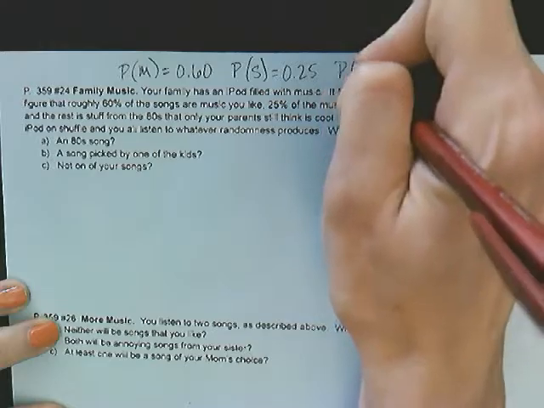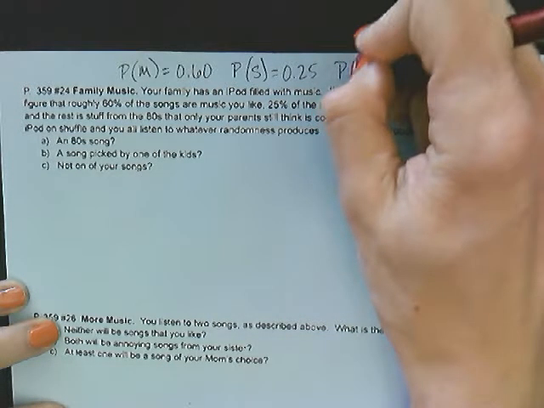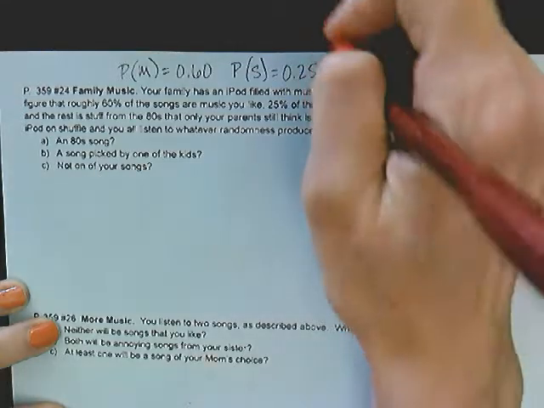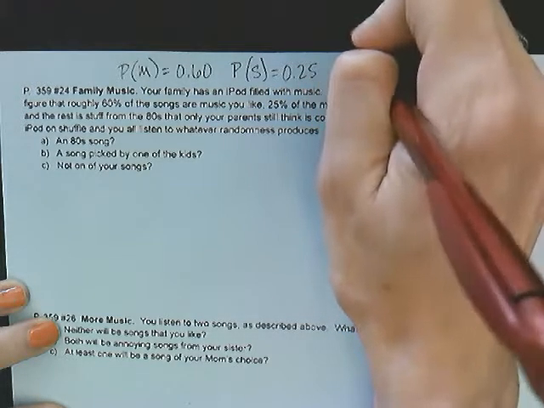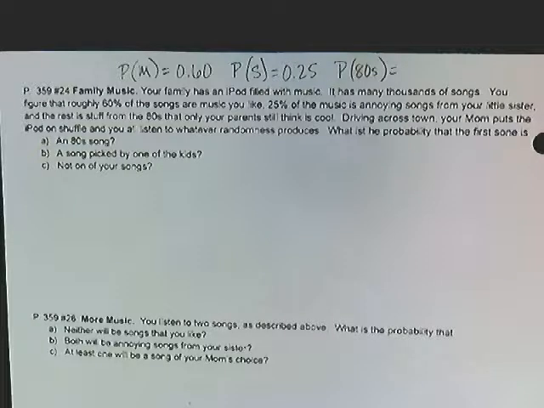And then the probability that it's an 80s song, right? So we'll do 80s is what? Oh, how am I going to figure that out? Well, what do we know all of those probabilities have to add up to? They have to add up to 100%. They have to add up to 1. So if I had a 60 and 25, that's 85. So what's left for the 80s music?